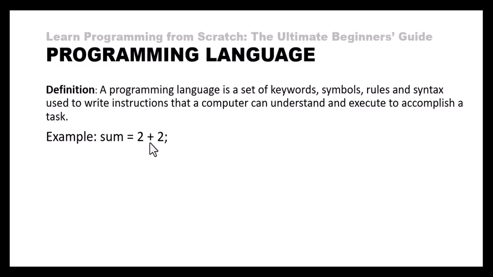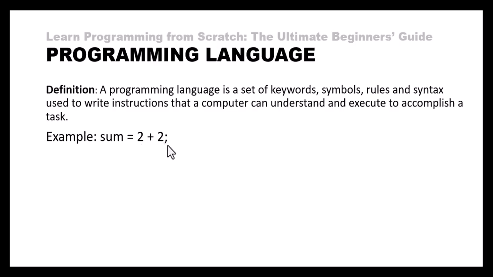It's just a set of keywords, symbols, rules, and syntax used to write instructions that a computer can understand and execute to accomplish a task. In case you're wondering what a rule is in this case, the rule would be that for you to add two numbers, the symbol must be placed between those two numbers.